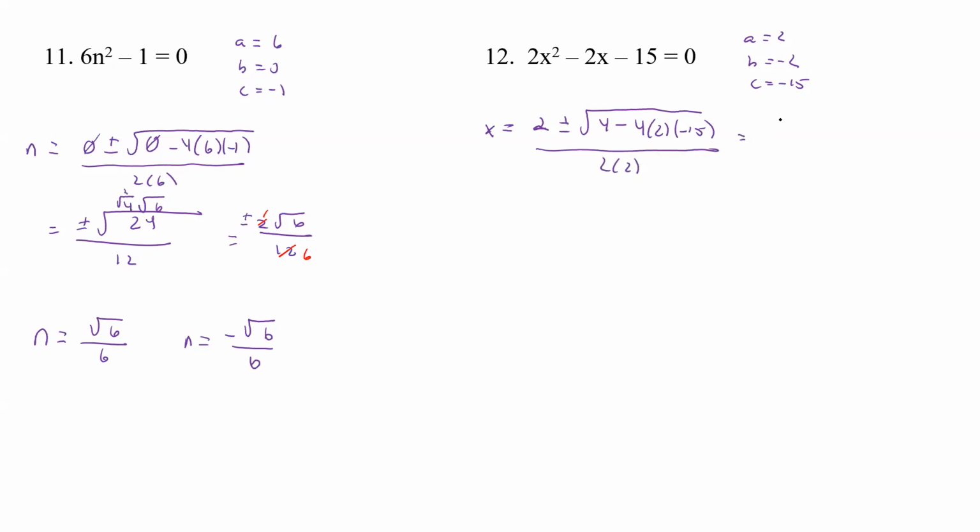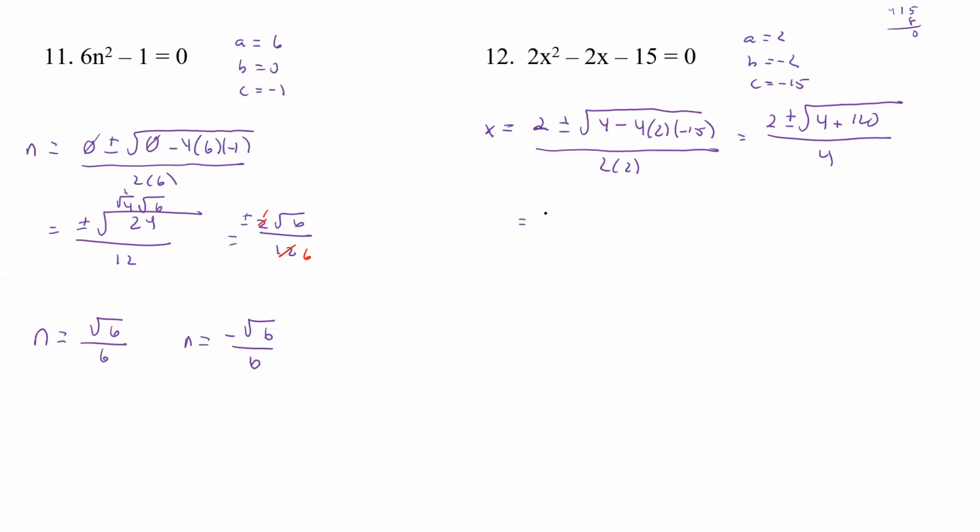What does that give us? Well, it gives us 2 plus or minus the square root of 4. Now we have a negative times a negative, which is positive, and so we're going to get a plus instead. So then we'll have 8 times 15, so 15 times 8, that's 40, that's 120, and that's all over 4.